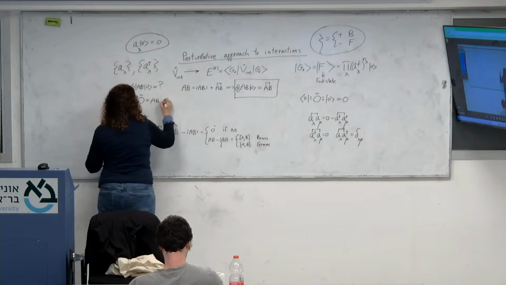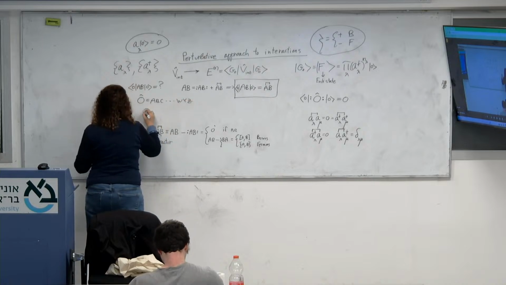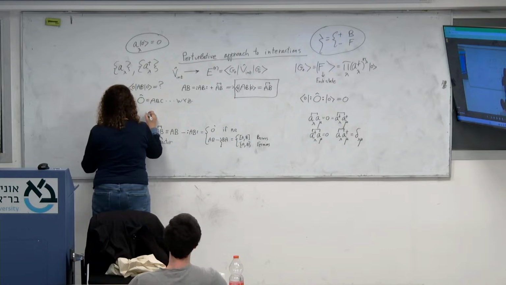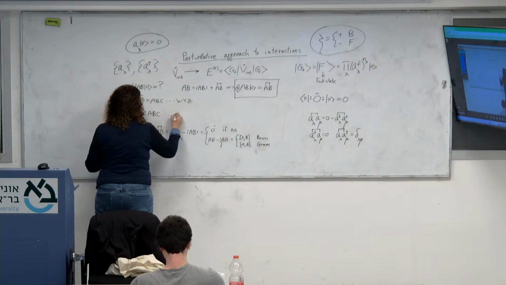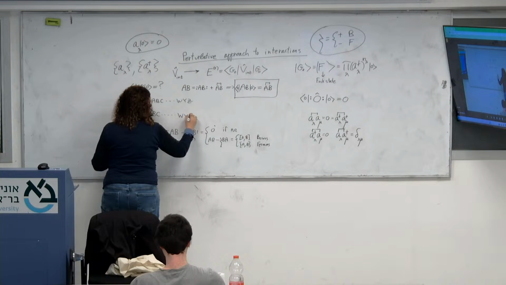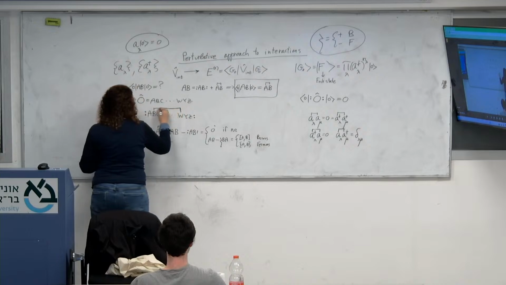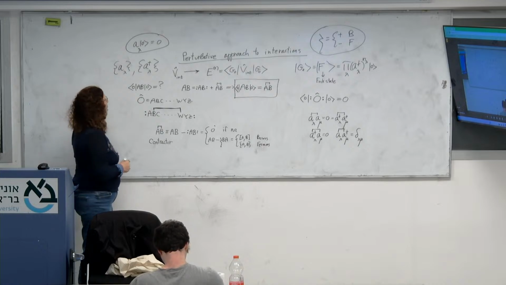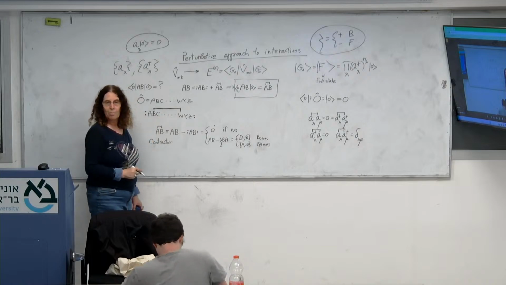So this is my operator, and now I'm looking at a normal ordering of this operator, but the B and the W I'm contracting. Okay? So what does it mean? I have to define what this operation means.